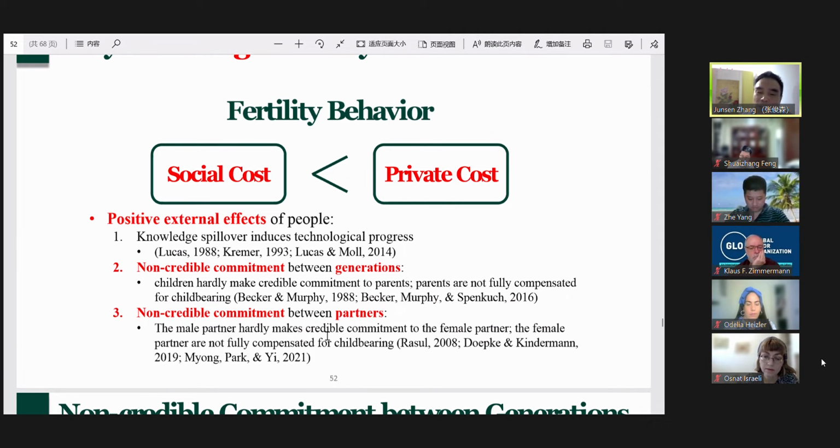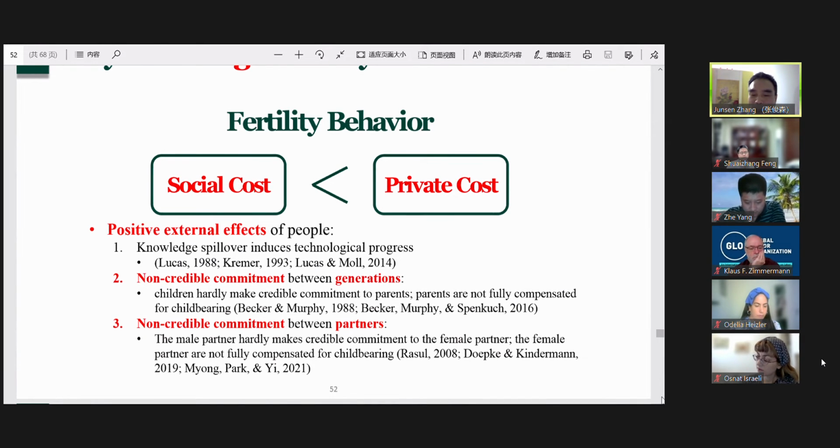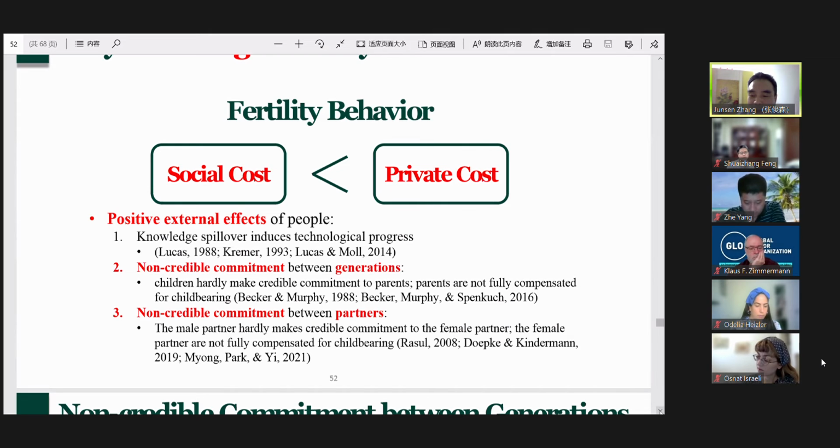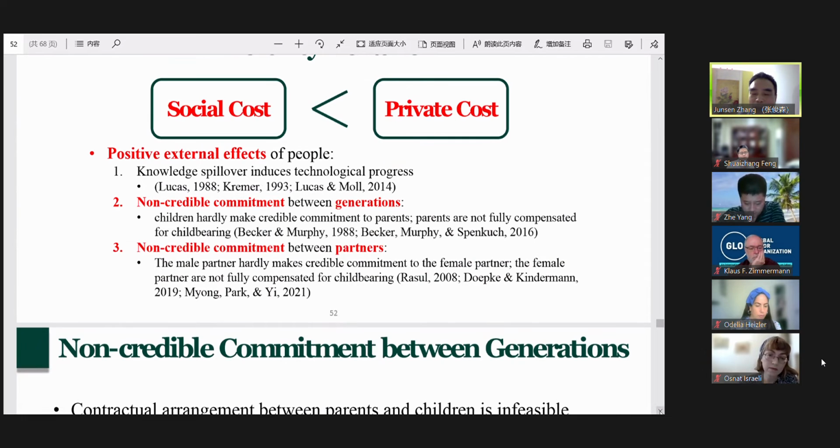So these are all positive externalities which cannot be easily internalized. That leads to the situation where social cost is less than private cost. Private cost could mean the parents or the mother, right? Socially there is benefit, but for the parties involved, the sacrifice cannot be credibly compensated.